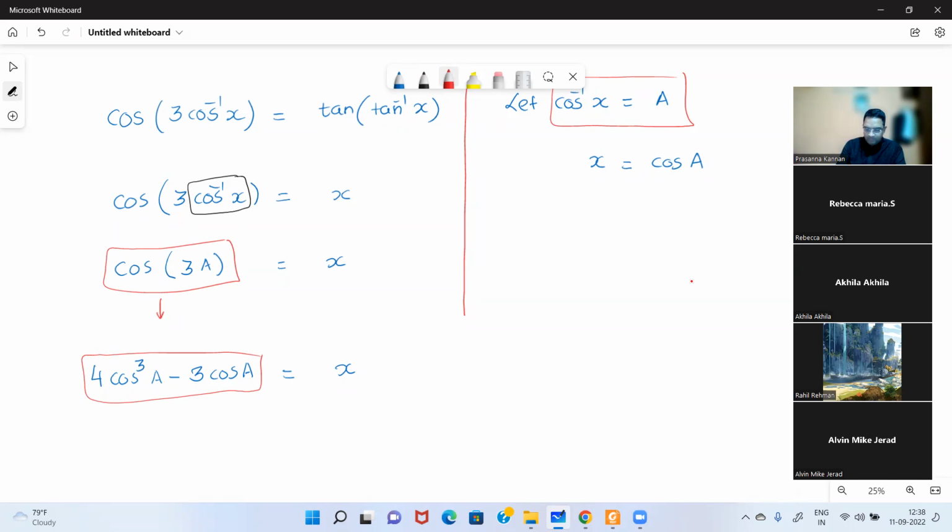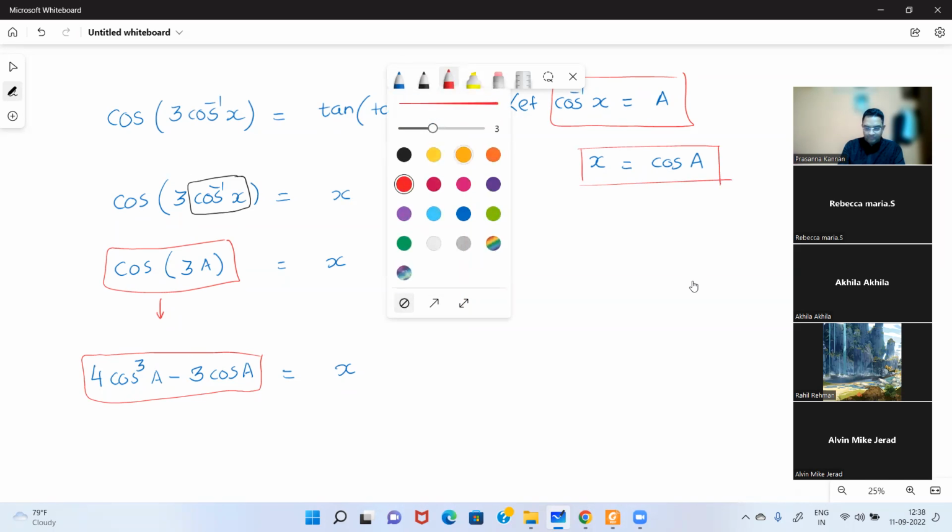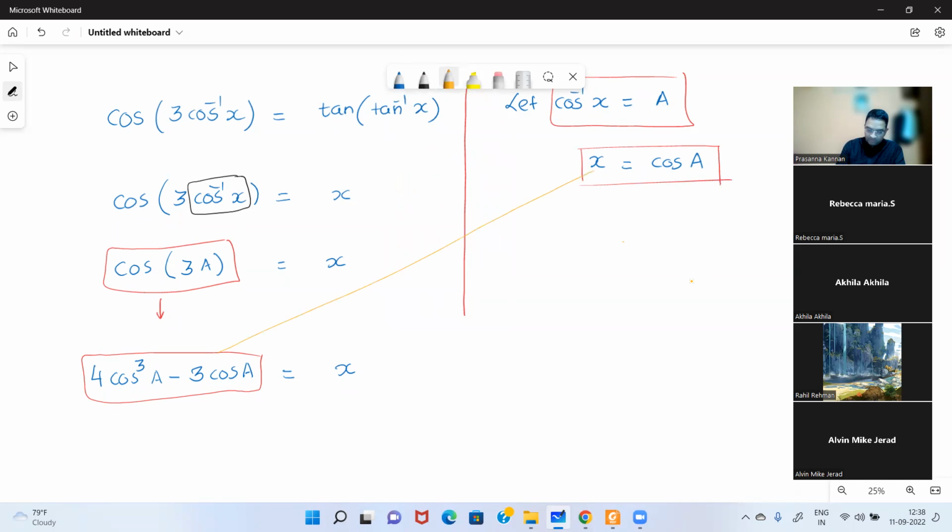But what is cos A? X, sir. So in place of cos A, I can substitute x. So what will we get? 4x cube minus 3x is equal to x. Clear? Yes, sir.